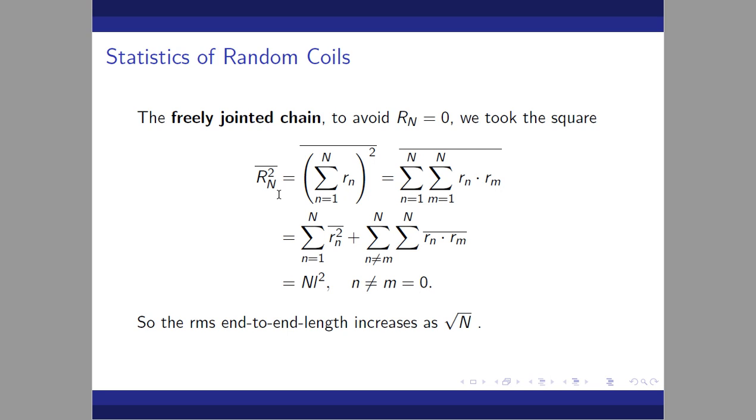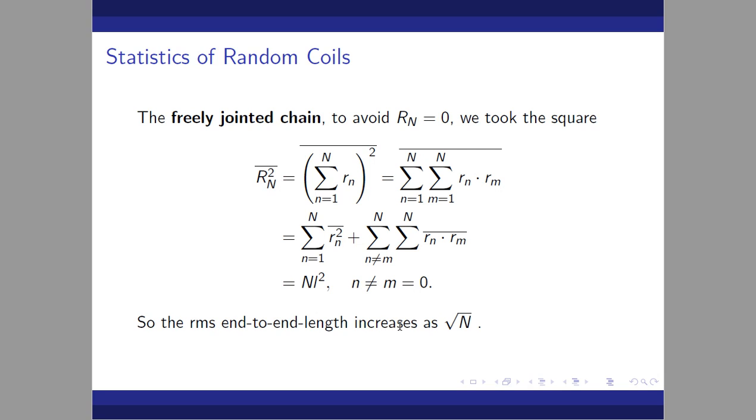Okay, so here we can say that the end to end length is equal to the number of molecules, the number of carbon, for example, times the length of the carbon, L squared, the average length of carbon. So we can estimate the end to end length of the polymer.